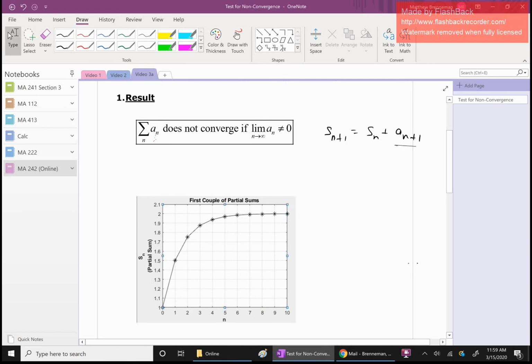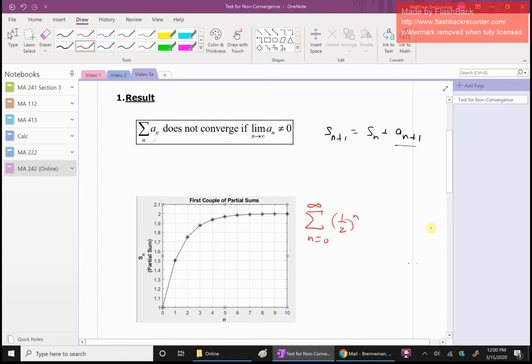And so if we actually look at an example, we were talking before about the partial sums for the infinite series from n equal to 0 to infinity of 1 over 2 to the n. And we could see that the terms we're adding up are getting successively smaller. And in fact, they're not just getting successively smaller, they're approaching 0, right?